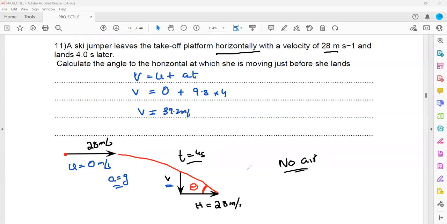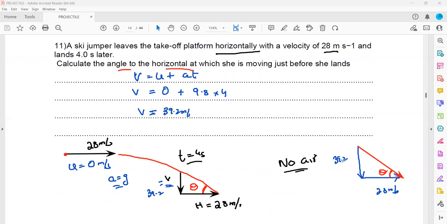We want this angle. So we have the final vertical component, 39.2. It's a right angle triangle in which the vertical component is 39.2 and the horizontal component is 28 meters per second. We need the angle at which she hits the ground, the angle to the horizontal just before she lands.